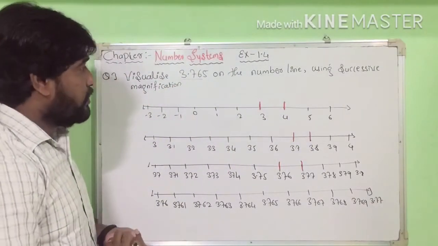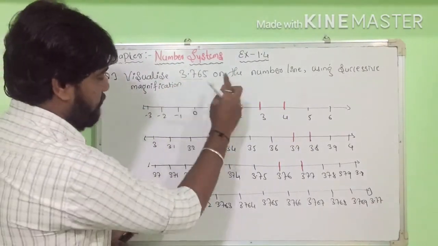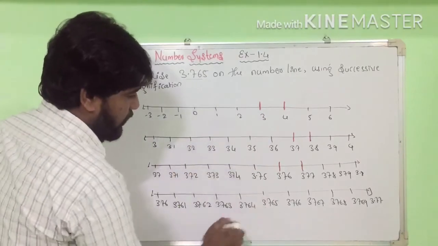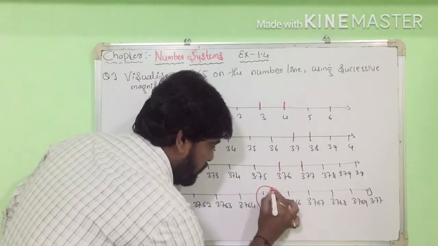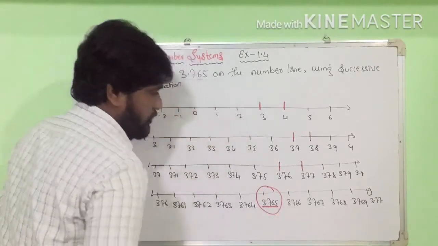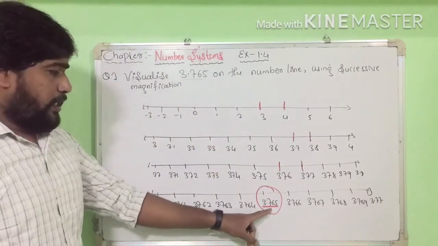Is it clear? So now our number is 3.765. So it is on the number line.